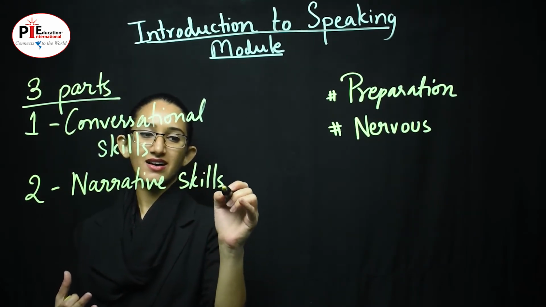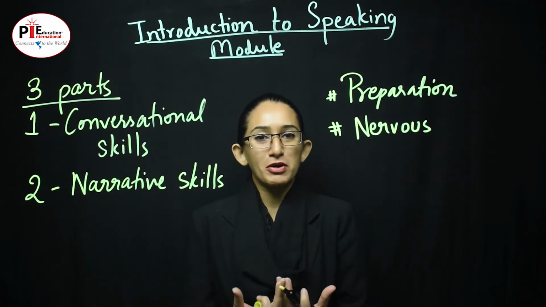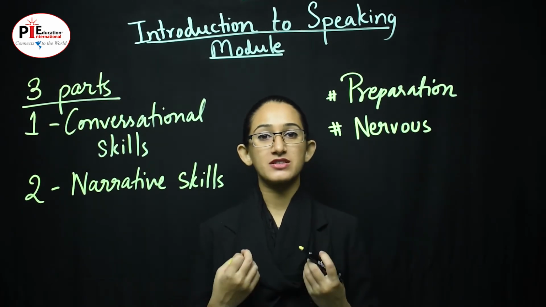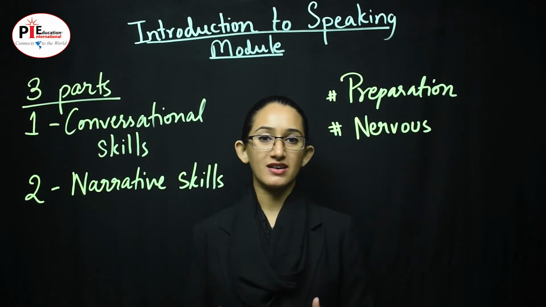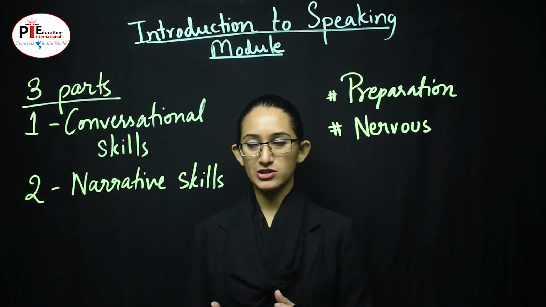Now, these are skills that judge how well you can talk about a topic in the English language, how you can narrate a specific event or describe a specific situation or experience in the English language.